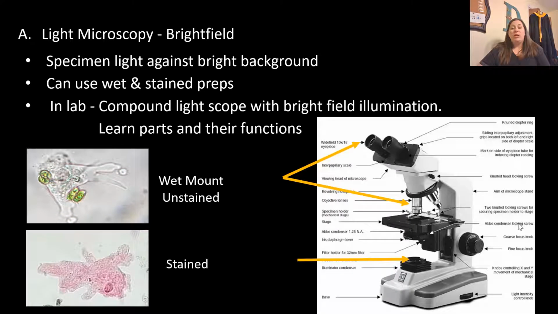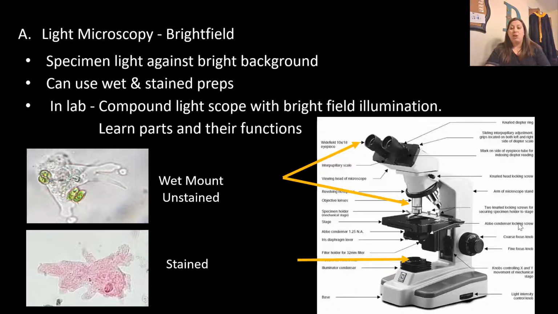Now in lab, we use the compound light microscope with bright field illumination, and this is an important microscope that you need to learn the parts of. You need to learn the parts and their function. When you are using them to magnify something, you have to take the magnification from the ocular side, the part where you put your eyes, which is always about 10 times, with the objective.